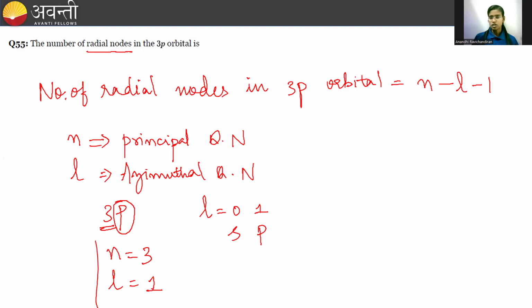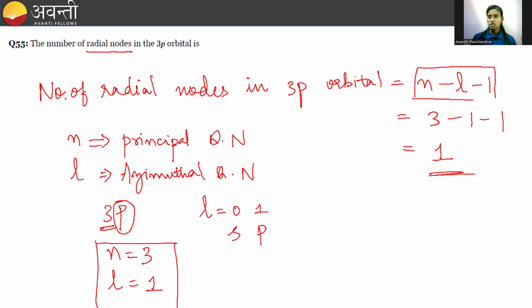If we substitute n is equal to 3 and L is equal to 1, we get 3 minus 1 minus 1, which is equal to 1. So the total number of radial nodes in the 3p orbital is 1. Got it? So you have to memorize this formula, which is used to calculate the total number of radial nodes.